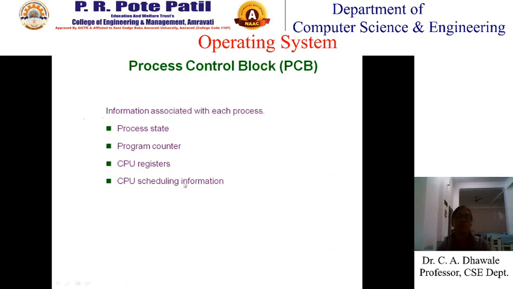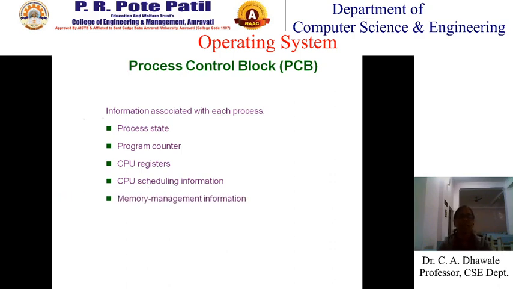That is, in which way the process is selected from the ready queue, we call it CPU scheduling information. Or how much time it needs to execute on the CPU, that is called the CPU burst time. All this information is maintained here.